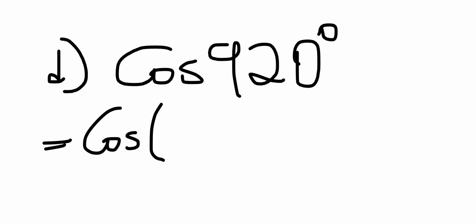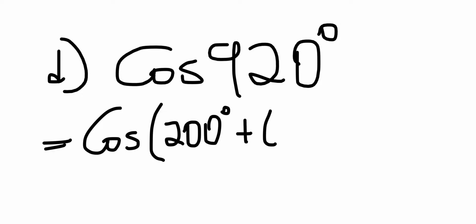Because it's greater than 360, you can just say 920 minus 360 minus 360. How many 360s did you minus? 2 of them. What is remaining is 200. You only stop after remaining with a value which is less than 360. So that's why you will therefore say you are remaining with 200 degrees after you have done how many?